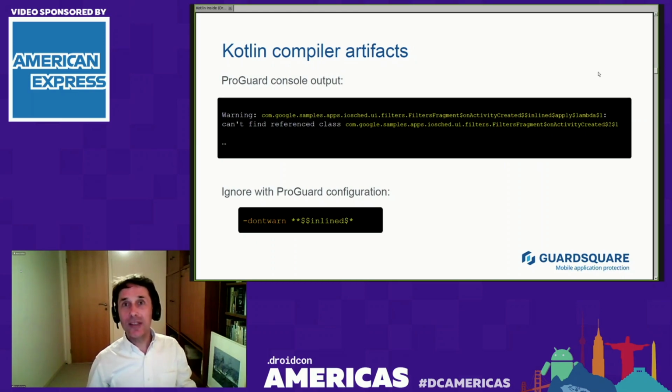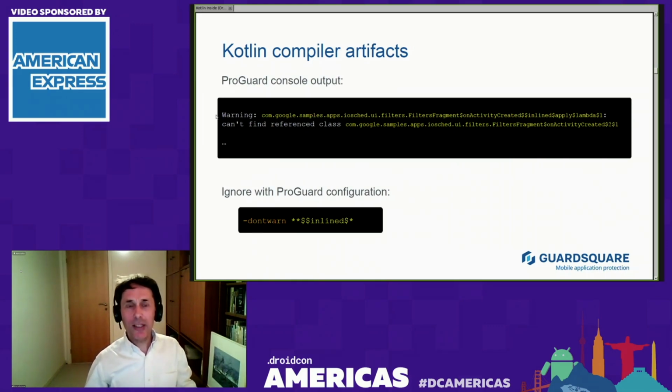The first thing you'll see if you enable ProGuard, and this is true for any project, whether you use Kotlin or not, is typically a series of warnings that ProGuard spits out about things in the code that don't look quite proper. Typically missing dependencies, because you've added some libraries to your code, but they depend on other libraries that are not present, and they may not be present because they're not used.